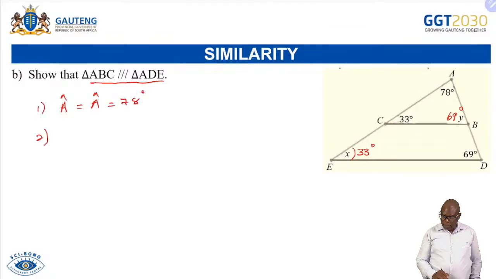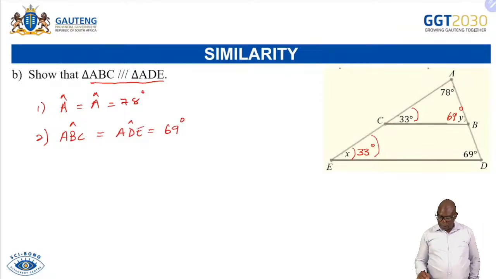The second thing here is that angle ABC equals angle ADE. And they're both equal to 69.